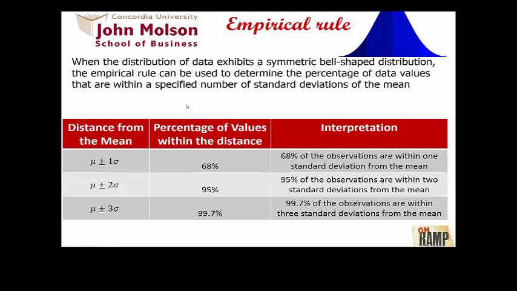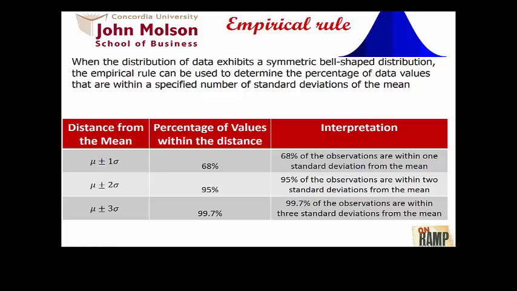The summary is this. Within 1 standard deviation from the mean, we have 68%. That means I take the mean plus 1 standard deviation on one side or minus 1 standard deviation on the other side.